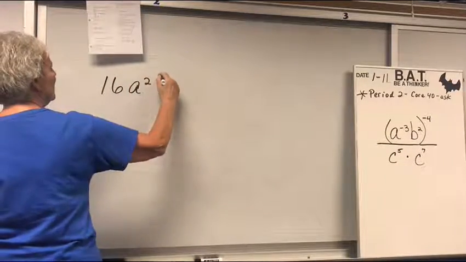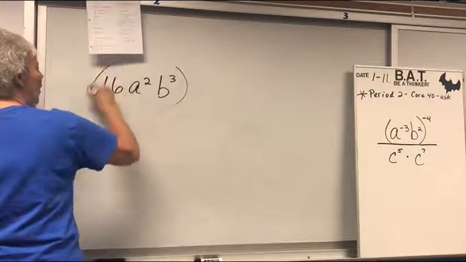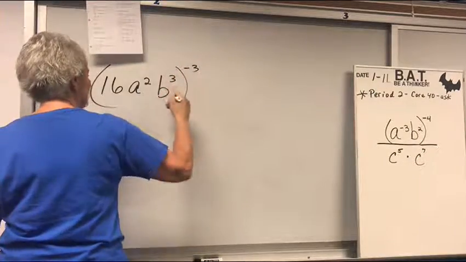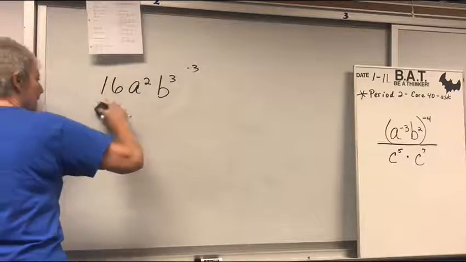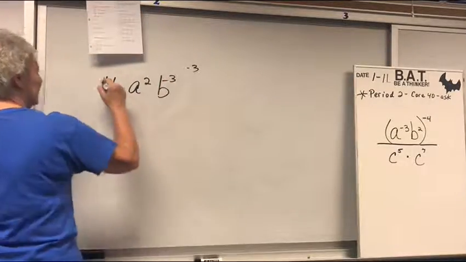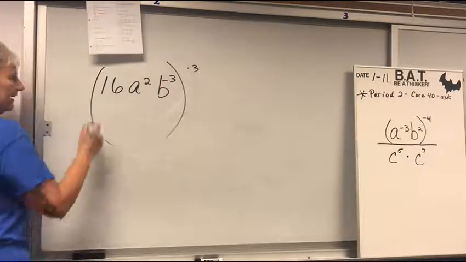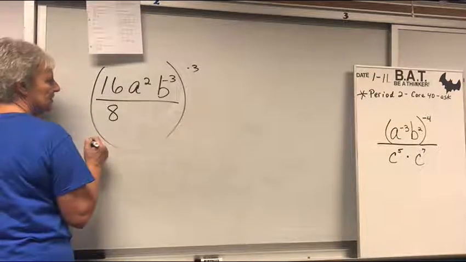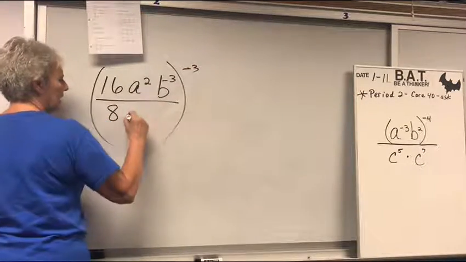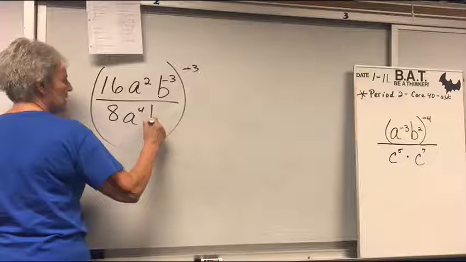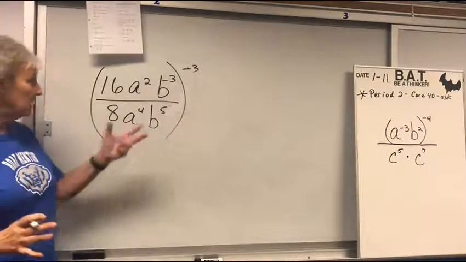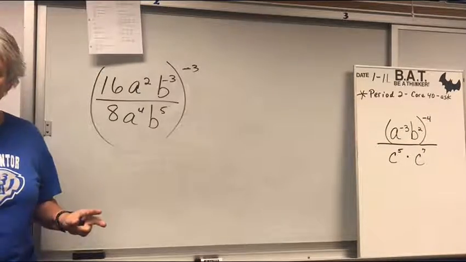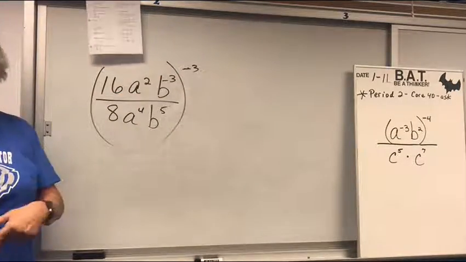16a squared b cubed all to the negative 3. Now let's make this whole fraction. Make that negative. All right, over 8, a to the 4th, b to the 5th. Now, you could reduce all that first and then deal with that. I don't do that.